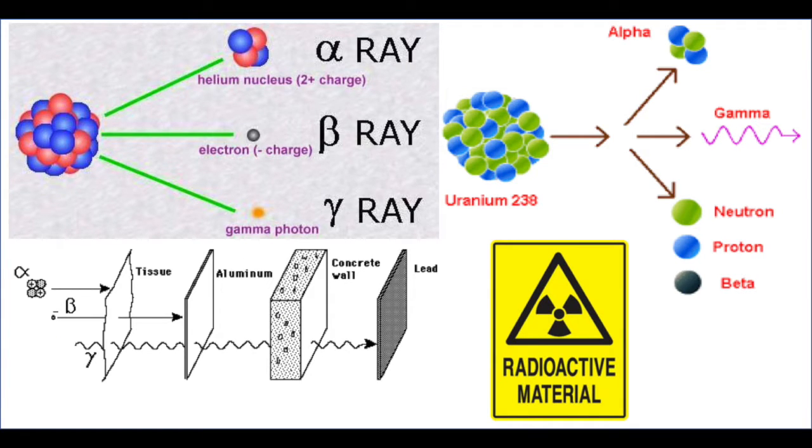Types of radioactivity. Radioactivity was discovered accidentally in 1896 by a French scientist, Henri Becquerel, when he was studying a sample of uranium. He found that the uranium could produce an image on photographic film even when the film remained sealed inside its package.